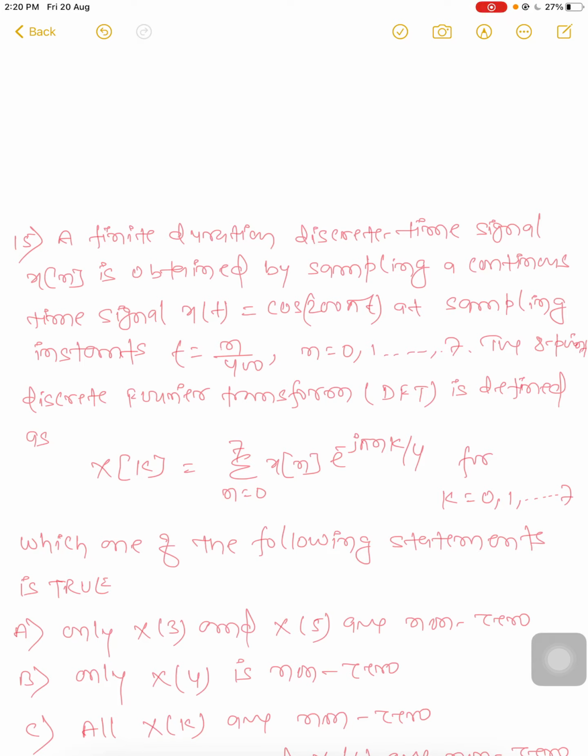A finite duration discrete time signal and a sample is given, and we have to find out.